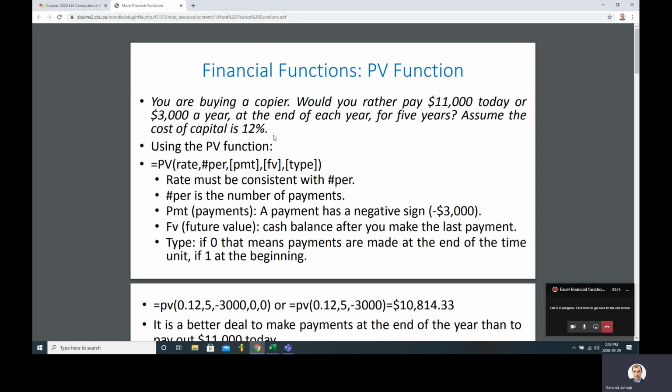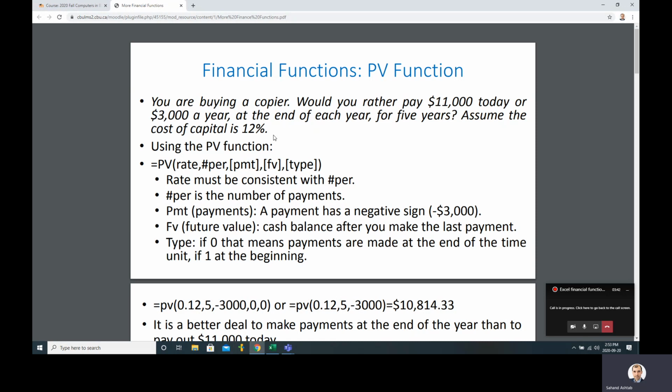Now, you have to think that what $3,000 can buy you this year is not what $3,000 can buy you next year. In other words, if you bring $3,000 from year two to present, the amount is going to be less. So for example, the buying power of 2,900 maybe today is equal to 3,000 1 year from now.